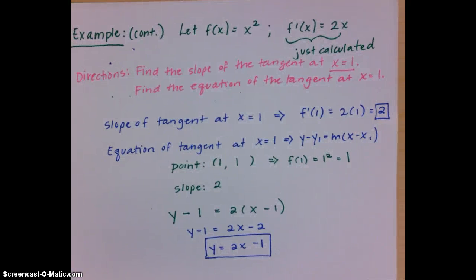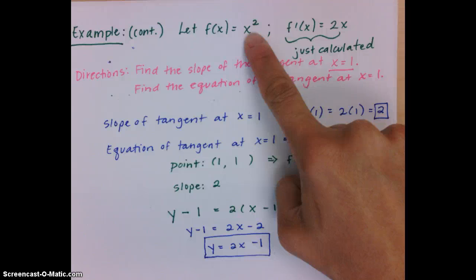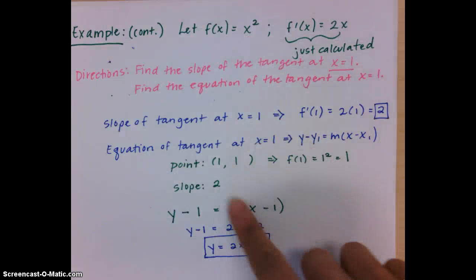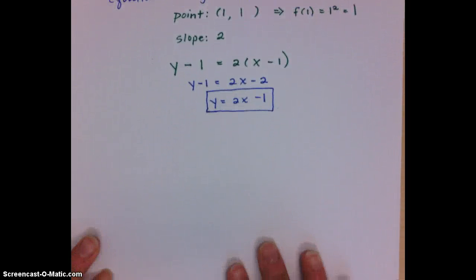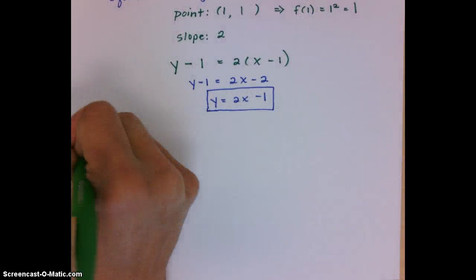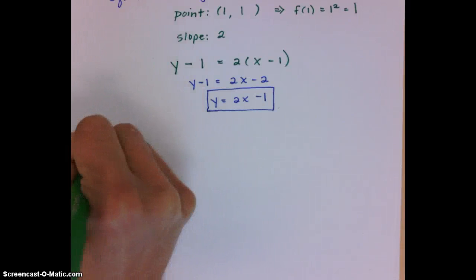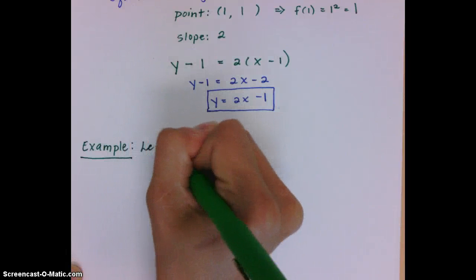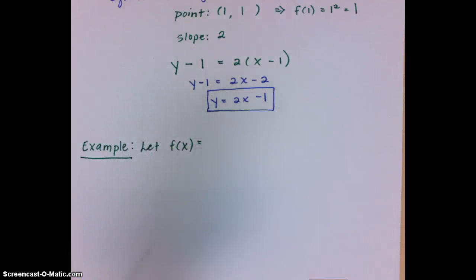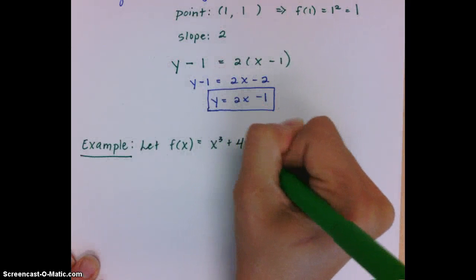Okay, let's do one more example here before we wrap up. This so happened to be a fairly easy one to calculate using this method, x squared. Let's make it a little bit more complicated. Okay, so let's let f of x equal x cubed plus 4x.